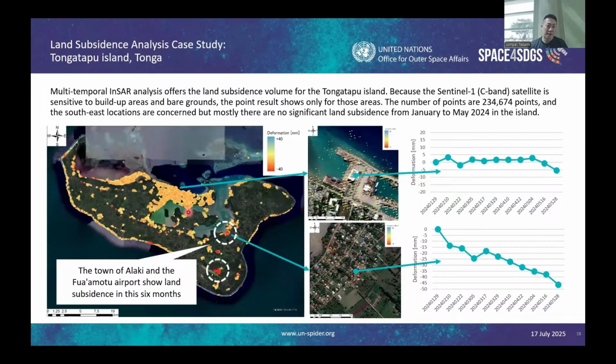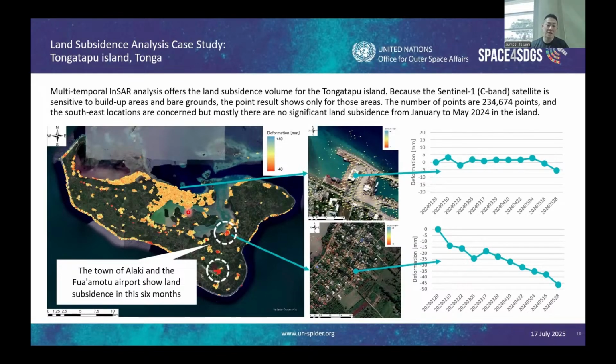So finally, we just touch on land subsidence. Today's case study section: we are also doing analysis using SAR satellite data. In this case, we just picked Tongatapu Island, Tonga.